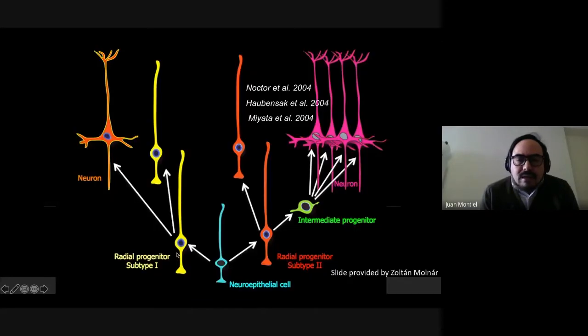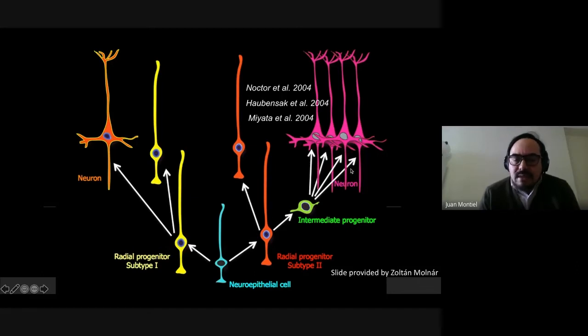And these radial progenitors can generate neurons or generate more progenitors. And the same happens with radial progenitor 2, which can generate more progenitors that can amplify even more the population of undifferentiated cells with mitotic capacity, or can generate intermediate progenitors that are mostly distributed in the subventricular zone, which can also generate more neurons.